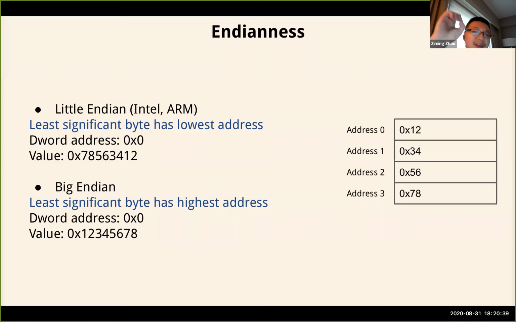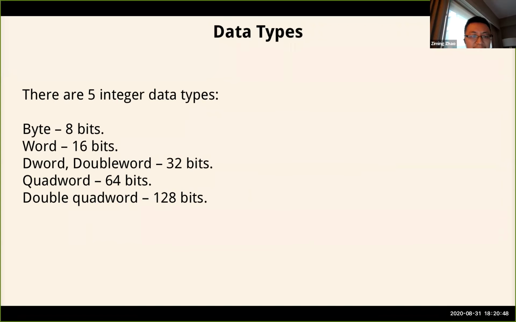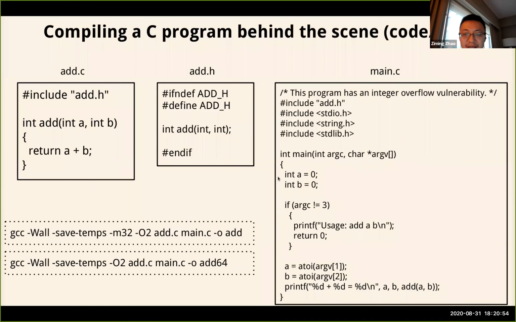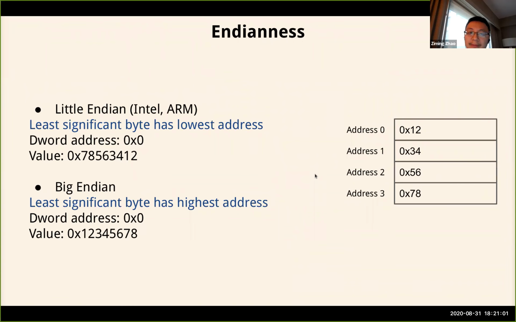If that value is only 1 byte, then there is no ordering. It doesn't really matter. But if the value is bigger than 1 byte, let's say the value is a D word, 4 bytes, something like an integer, then how do you put those 4 bytes in the memory?